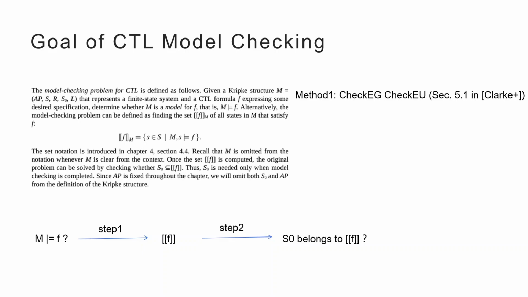And for the first step, the model checking book of Clarke mentions that there are two algorithms called check EG and check EU that can efficiently find the set of states that satisfy F. However, today we will introduce another approach, which involves using a fixed point iteration to find out the states that satisfy F.